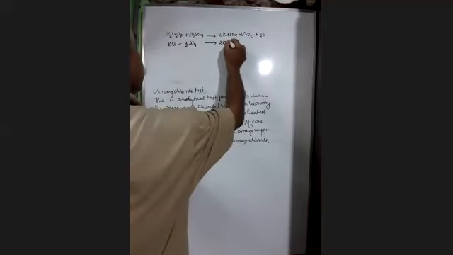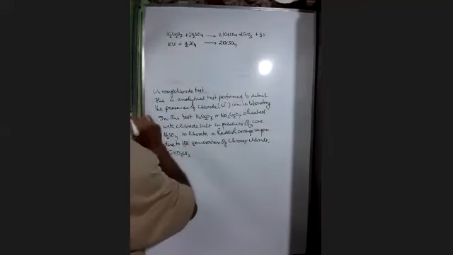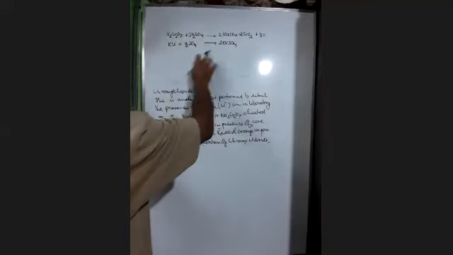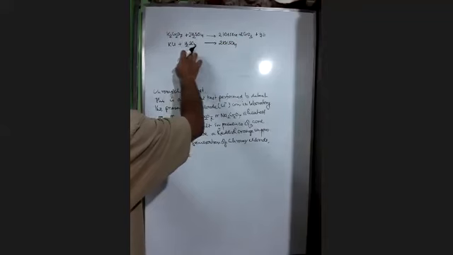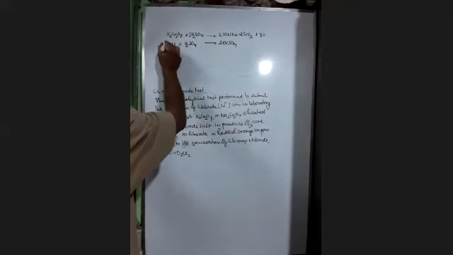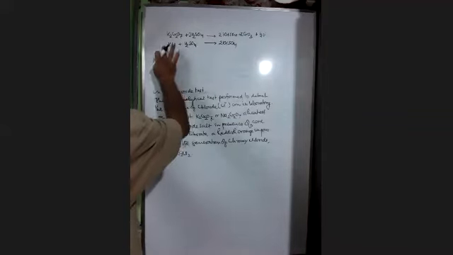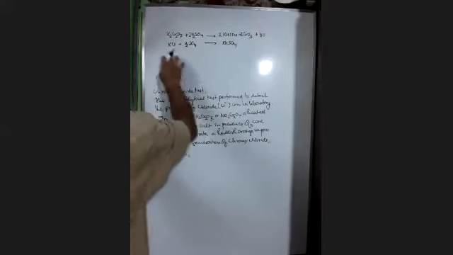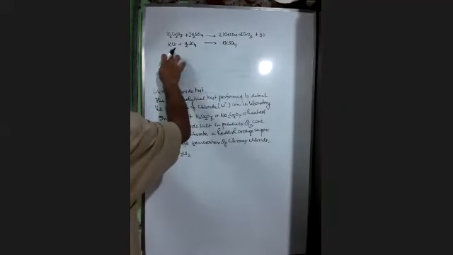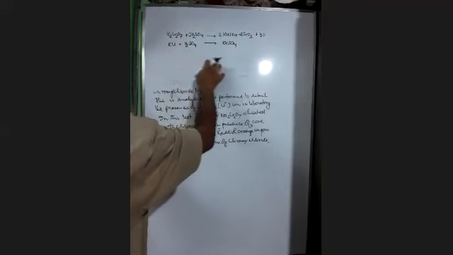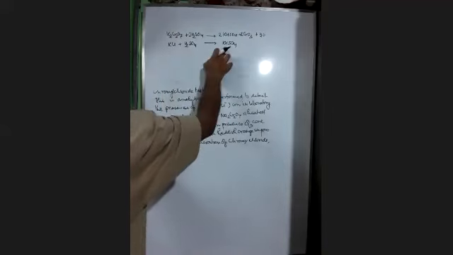So you need not mark this. Here, 1 potassium, 1 potassium. 1 sulfate, 1 sulfate. 2 hydrogen, 1 hydrogen.